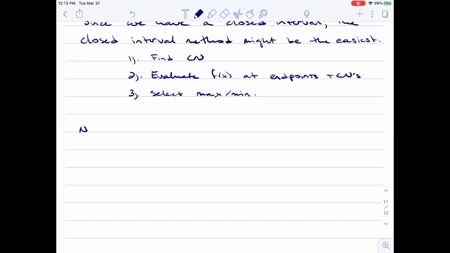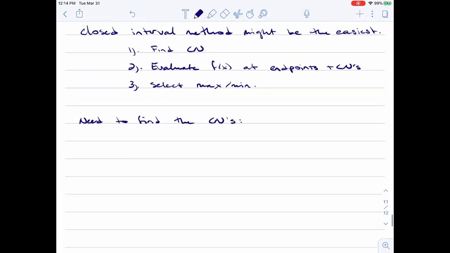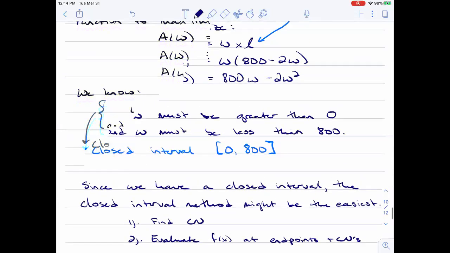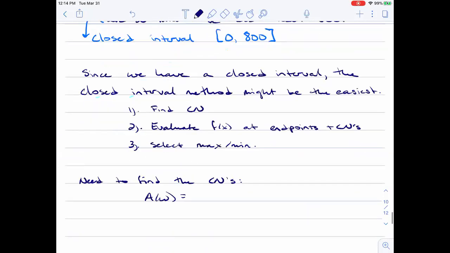We need to find the critical numbers. Remember that A of W was 800W minus 2W squared.